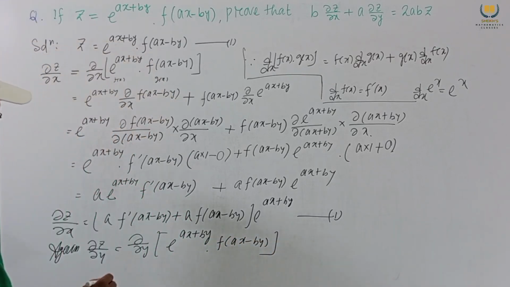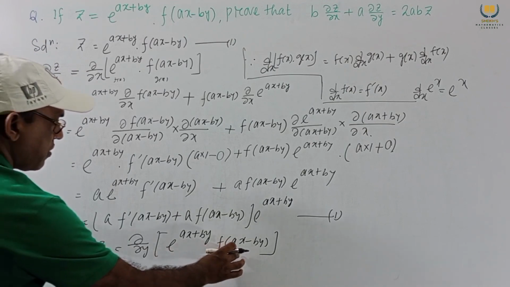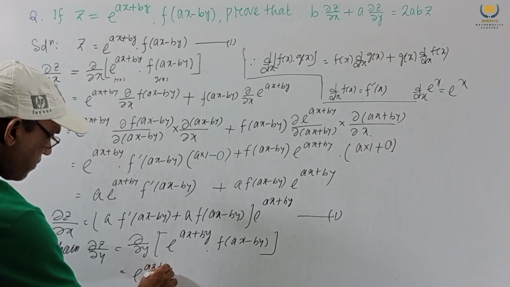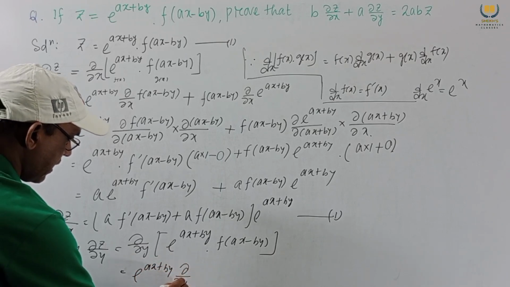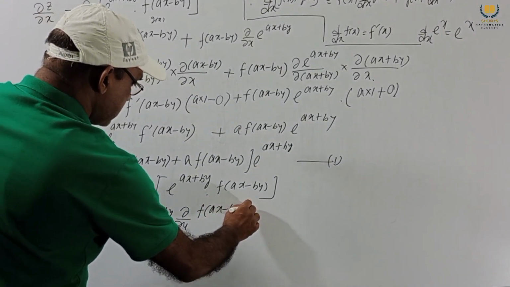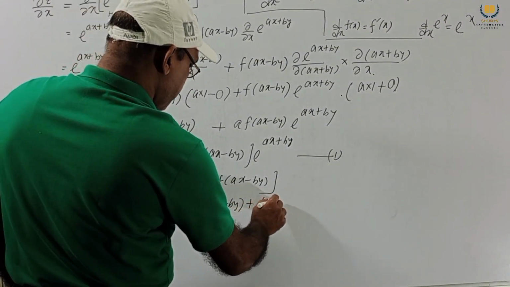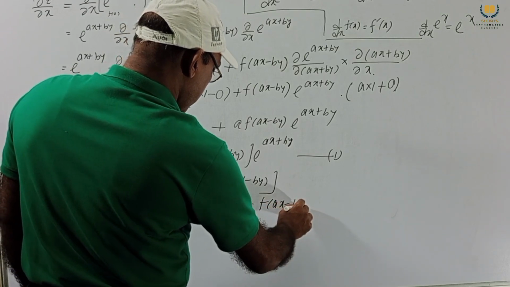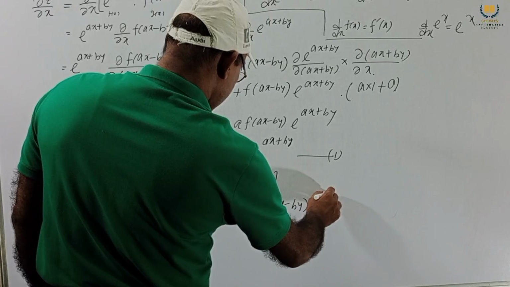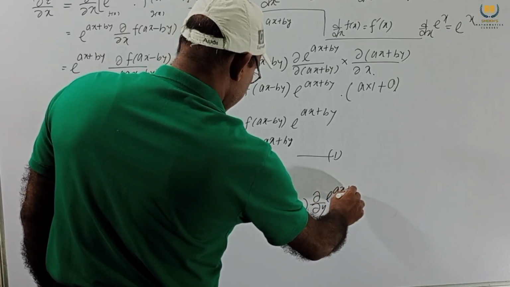And this is product rule: first function into del y of second, plus second function into del y of first, ax plus by.